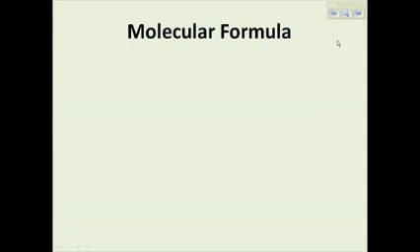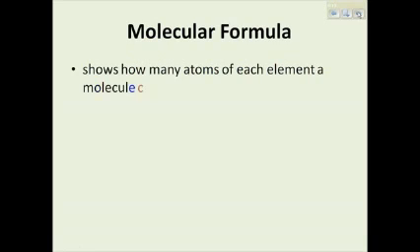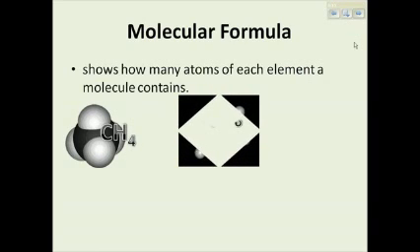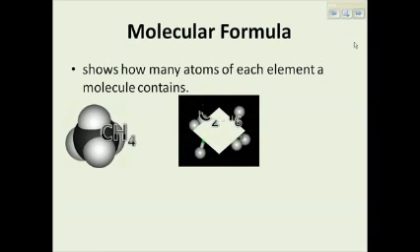A molecular formula shows how many atoms of each element a molecule contains, and it's not always a lowest whole number ratio. So, some examples. We have methane, CH4. The next molecule is C2H6. Notice it's not the lowest whole number ratio, but this molecule is ethane.